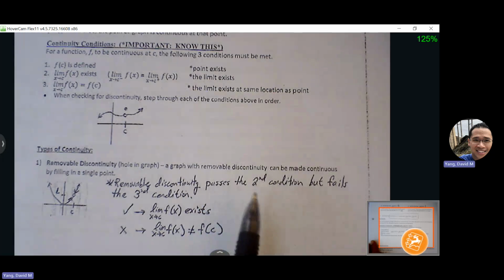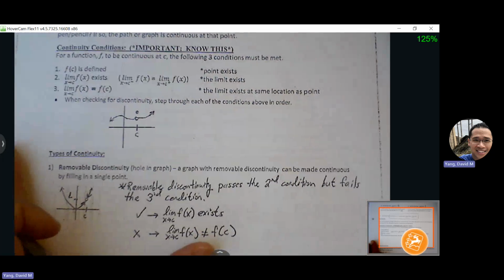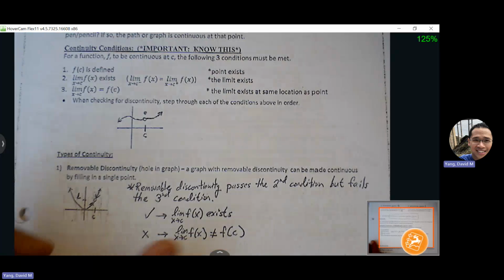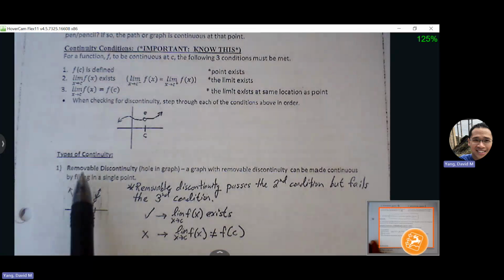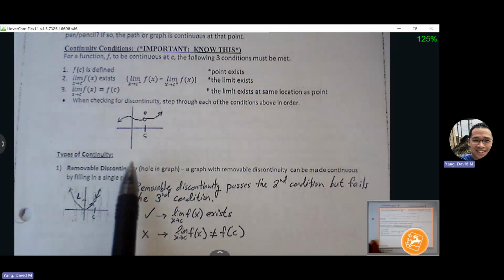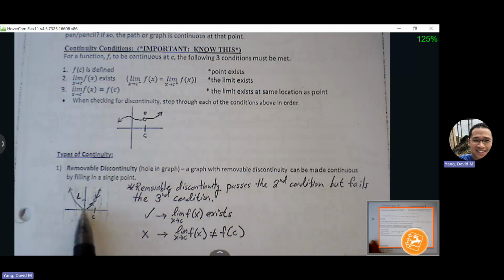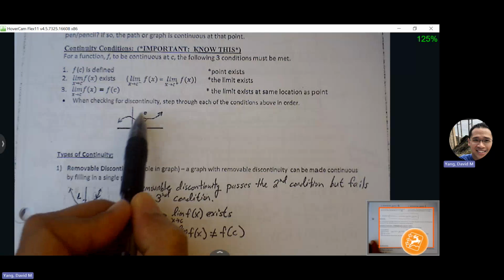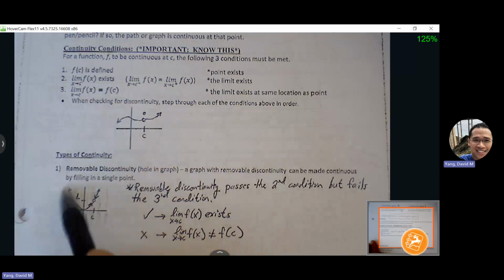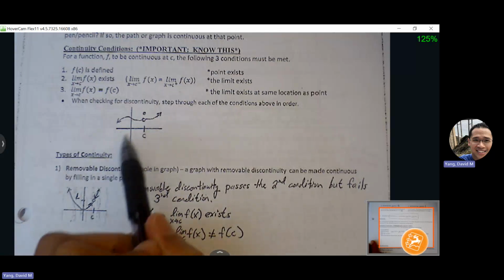Now, some of you may be thinking, wait, what about the first condition? The first condition, whether the point exists or not, is not going to determine whether we have a removable discontinuity. Because if you look at this graph, it has no point defined. This graph has a point defined, and both of these have a hole discontinuity.